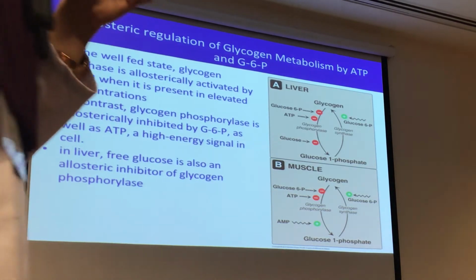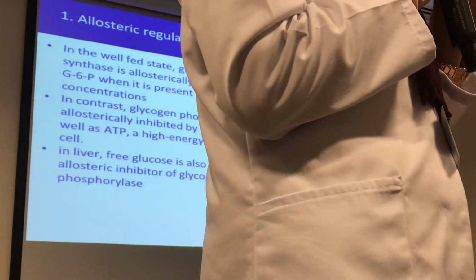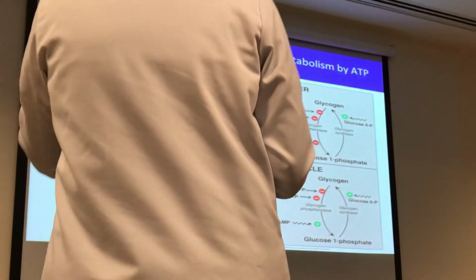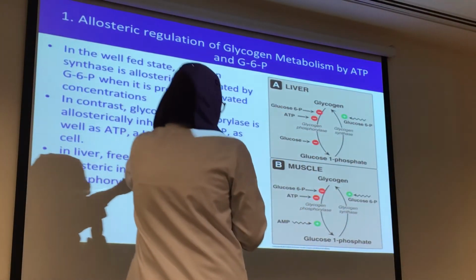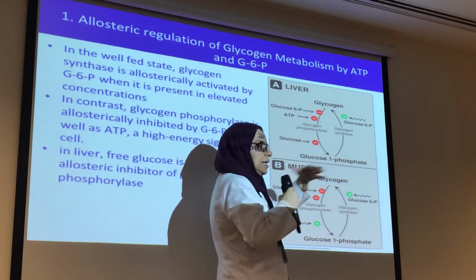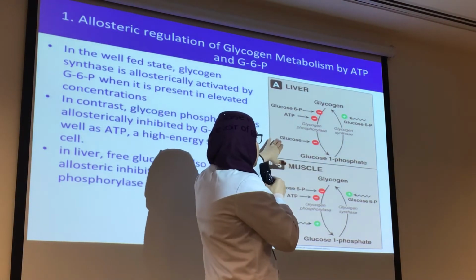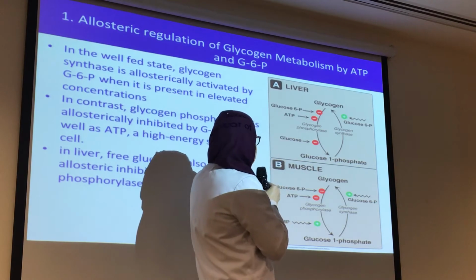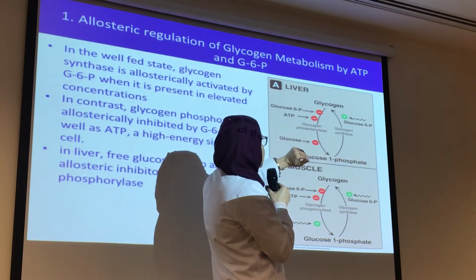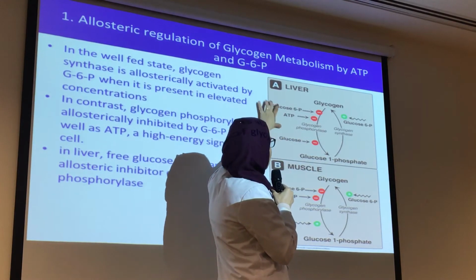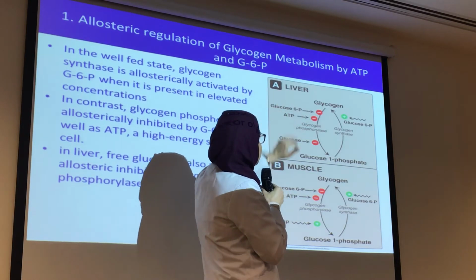So the energy is stored as glucose 6-phosphate. This is the energy for the muscle. But for the liver, we want to free that glucose. So even free glucose will act as an inhibitor, because we have the phosphatase, and both molecules are the same for the liver. Okay?